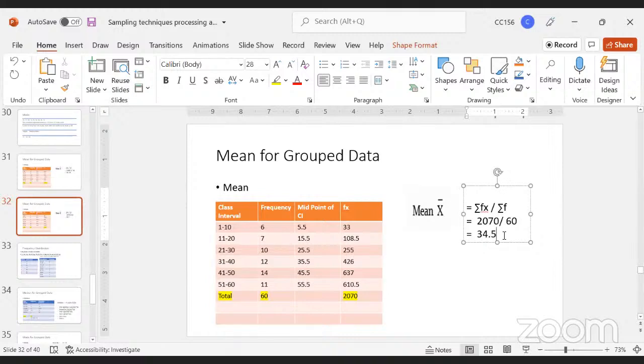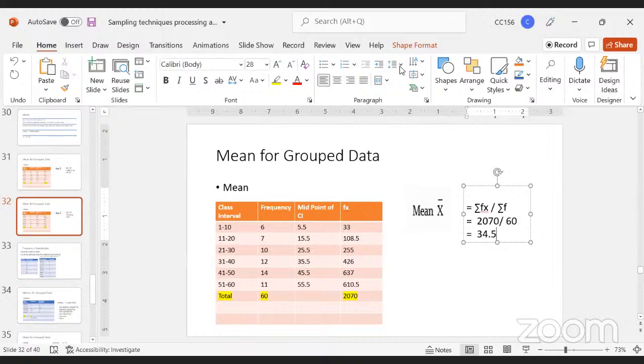Excellent. Yes, great job. So this is how you will be calculating mean for group data. So mean for raw scores is over, mean for group data is over. So is this clear? Yes.